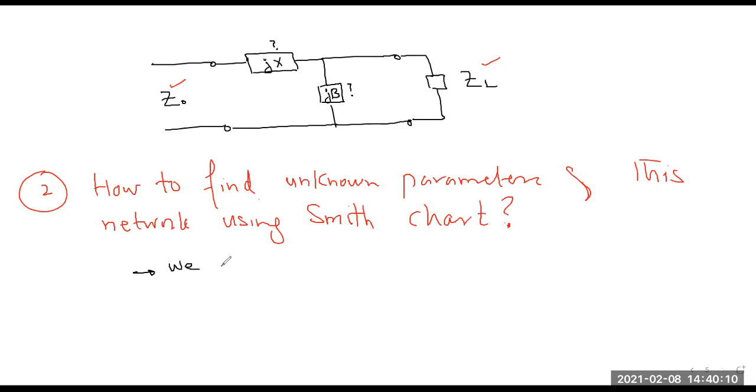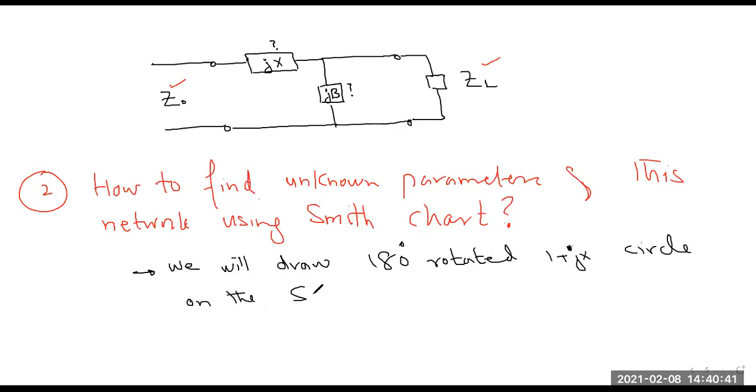We need to draw, we will draw a 180° rotated one plus jx circle on the Smith chart.